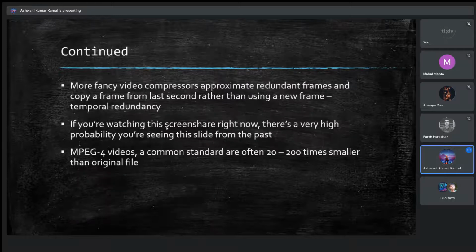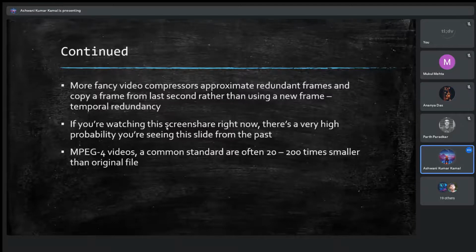More fancy video compressors approximate redundant frames and copy a frame from the last second rather than using a new frame. This is known as temporal redundancy. And if you're watching this screen share right now, there's a very high probability that you're seeing the slides of the past, because it is being dynamically encoded and then decoded at your end.